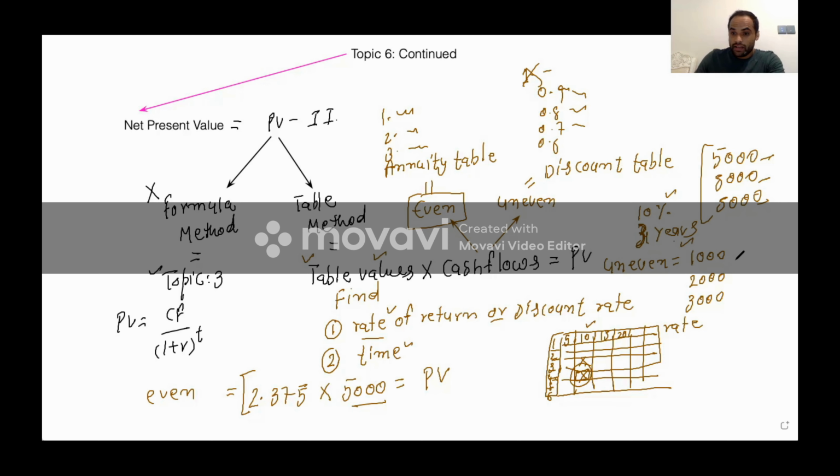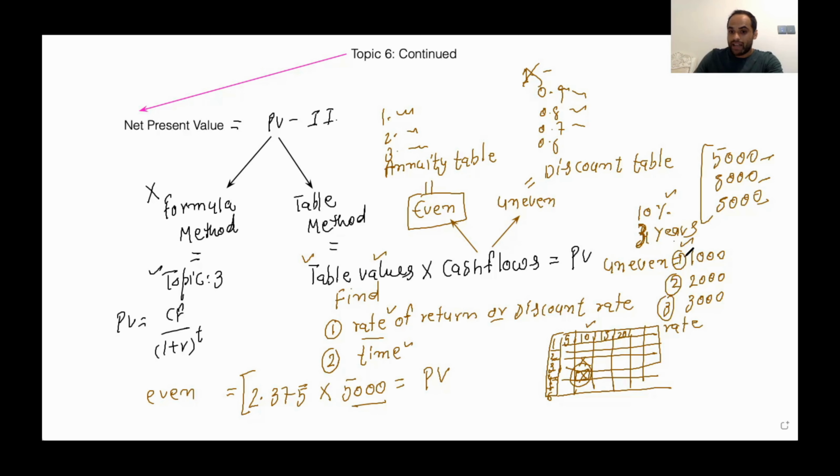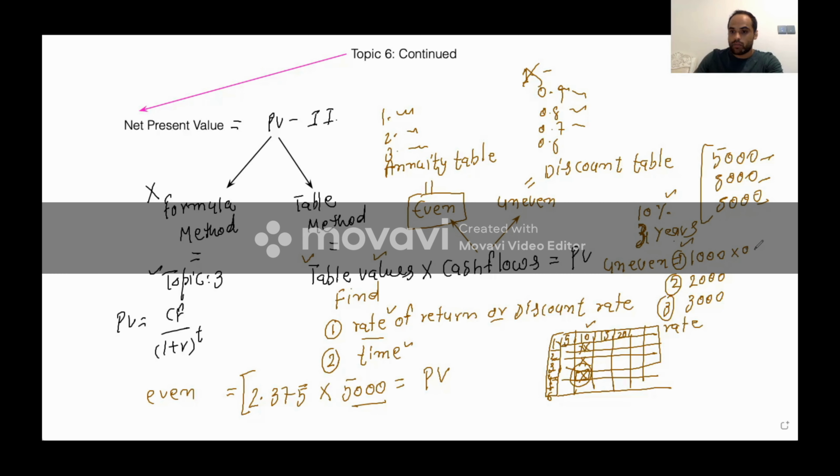So remember, first year is time 1, second year time 2, third year time 3. For the first year, time is 1 and rate is 10, so you find this value here. Let's say the discount factor is 0.909, for example. This is your first year.